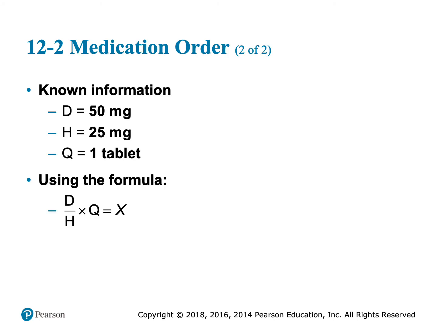All right, so let's work through an example. First, we're just going to practice setting up a problem, and then we will work through a problem. So here it gives us the known information, D equals 50 milligrams, H equals 25 milligrams, and Q equals 1 tablet. So again, if we know our formula, D over H times Q equals X, we can plug in.